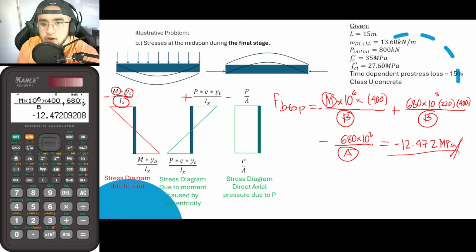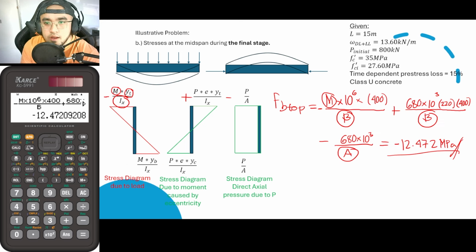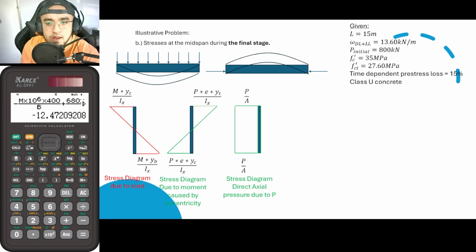This is now in terms of megapascal. Okay, so next up, what about FB at the bottom? So for FB bottom, this is negative, this is positive, this is negative, and this is negative. Unlike a while ago, that was positive, negative, positive, and then negative. And this time, that is now positive, negative, negative.